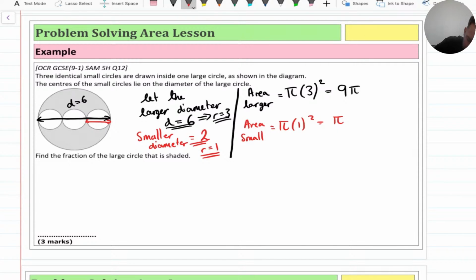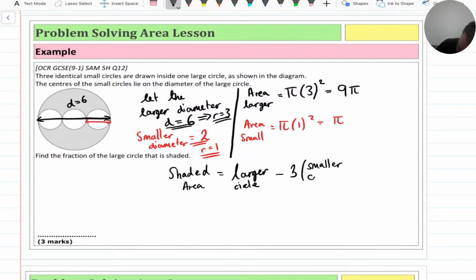So if I wanted to find my shaded area, that's going to be equal to the area of the larger circle, subtract 3 times the smaller circle.